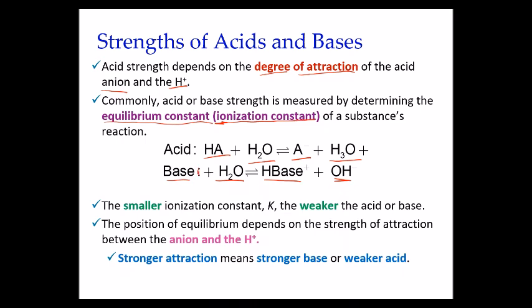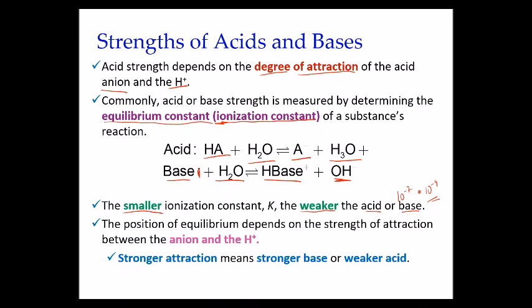So I don't think this is supposed to be here, but anyways. So the base plus water gives you the conjugate acid, and then hydroxide, the conjugate base. The smaller the ionization constant, the weaker the acid or base. So as you get times 10 to the minus 7 or 10 to the minus 9, as it keeps getting smaller, the weaker it's going to be.